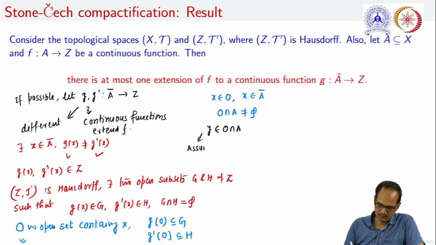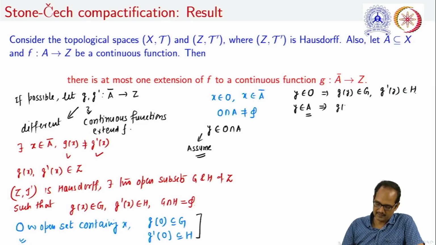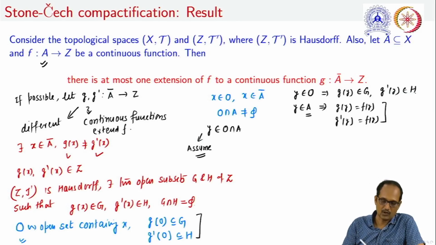Now if y is an element of O, from here we can conclude that g(y) is an element of G and g dash(y) is an element of H. At the same time, y is an element of A. Because y is an element of A, g(y) is equal to f(y), as well as g dash(y) is also equal to f(y), because g and g dash are extensions of f, and f is defined from A to Z.